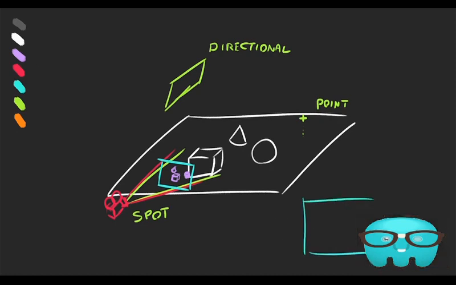I just draw it. It will look something like that. We will have, I don't know, the sphere here and the cone here. And this will be our shadow map. You don't have to do this, and you don't even see the shadow maps.